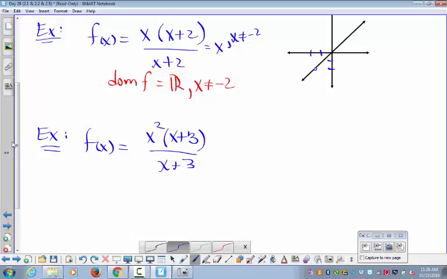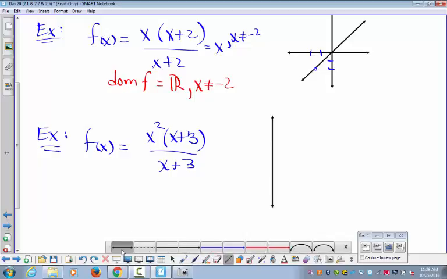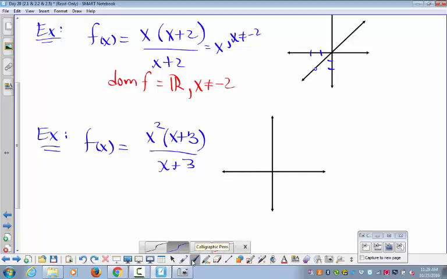So the graph of this is going to look almost exactly like x squared, except one thing is going to be missing. We are going to take out one point at -3, 9. There's one point missing. So it's a big hole. But that's just one point removed at -3, 9.